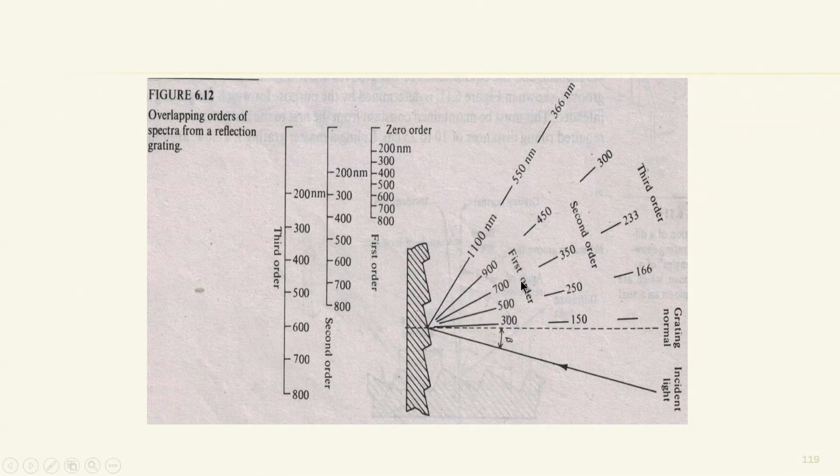So, at any angle I get 2 or 3 orders with different intensities. It may not be significant, but for very accurate work I cannot take the first order straight away, because there will be a certain amount of radiation associated with the second order, that is half of the wavelength.